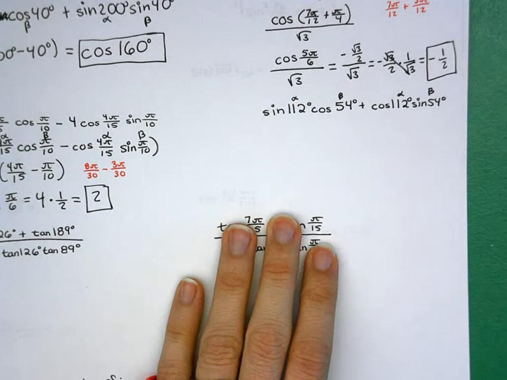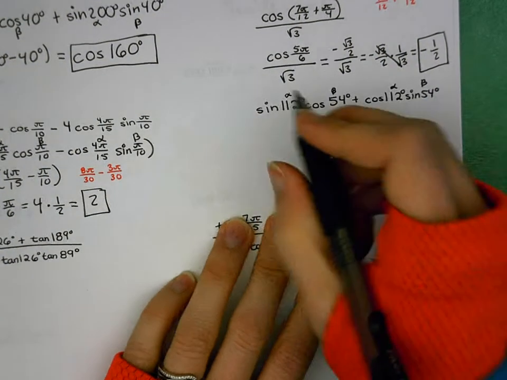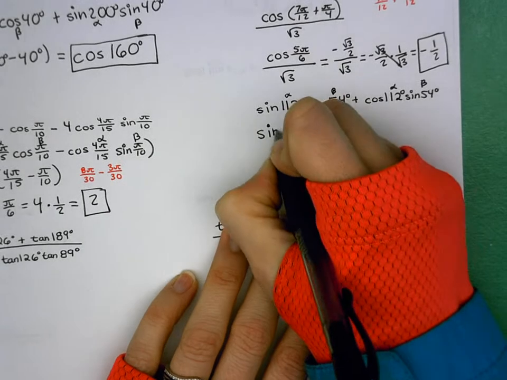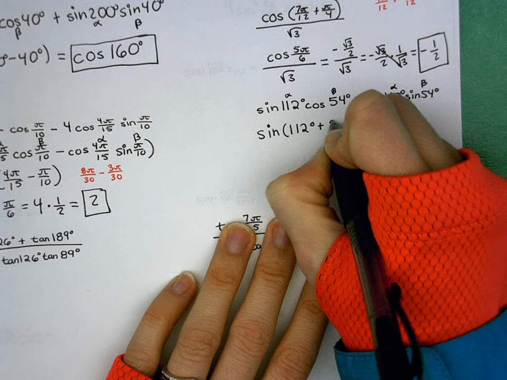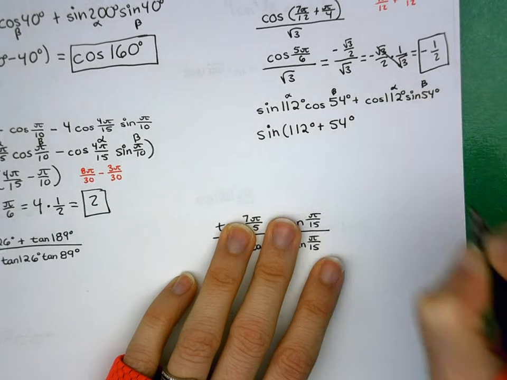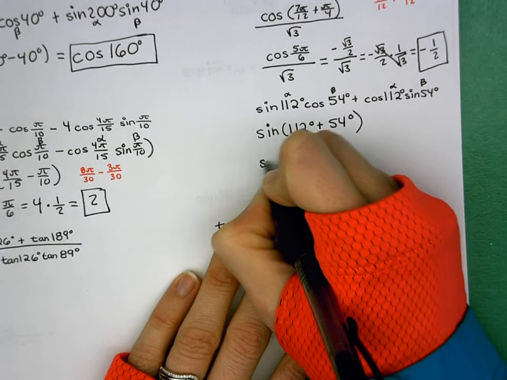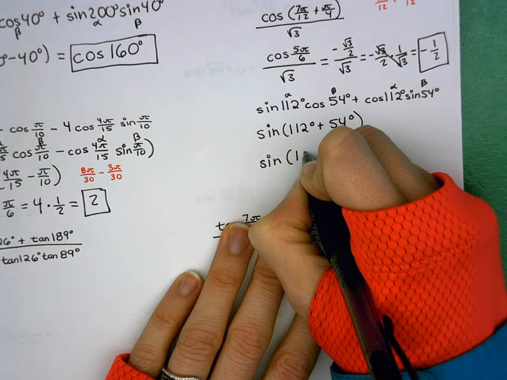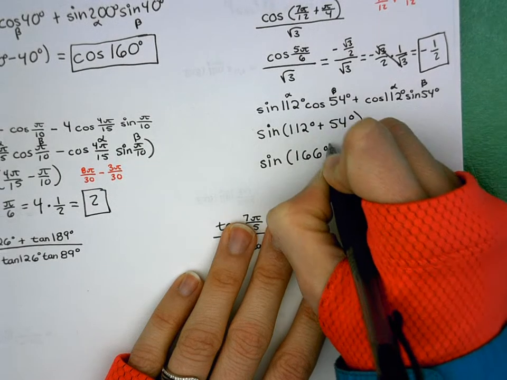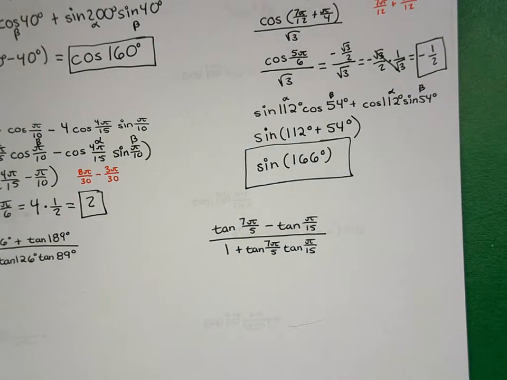Reversing my sine alpha plus beta rule here, we would have sine of my alpha, 112 degrees, plus my beta, 54 degrees, which, 112 plus 54 is 166 degrees, which I do not know how to evaluate, and so that would be my answer.